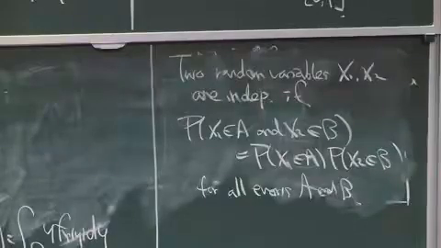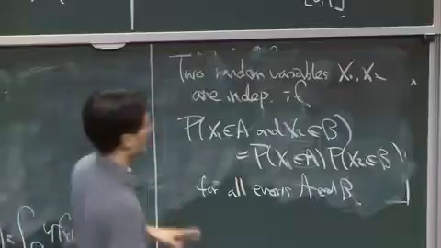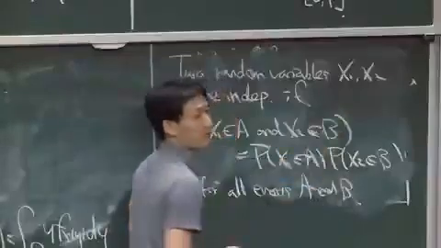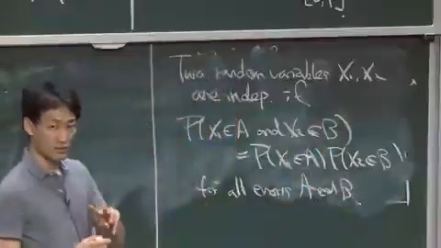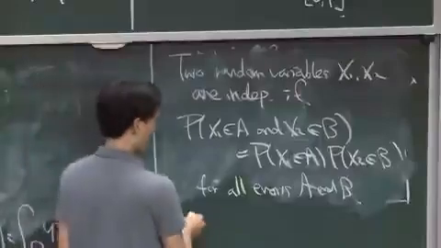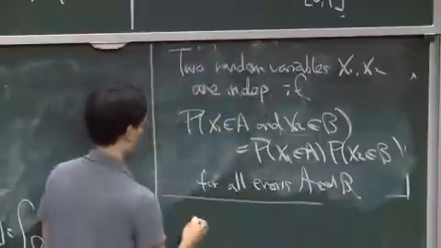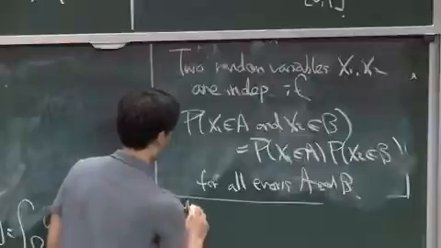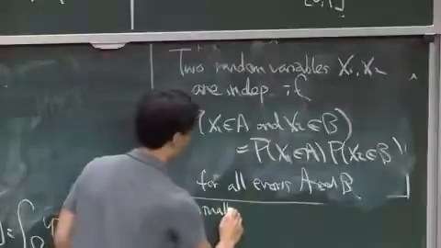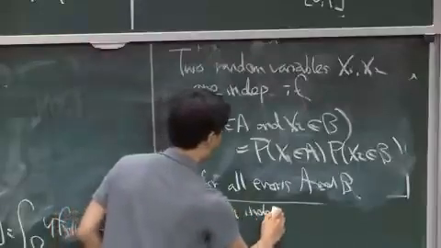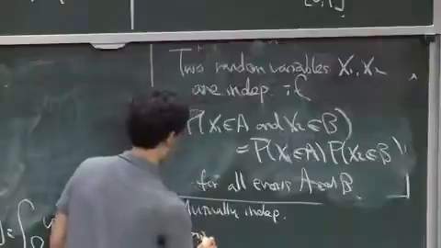All agreed? So for independence, I will talk about independence of several random variables as well. There are two concepts of independence, or not two, but several, but two most popular are mutually independent events and pairwise independent events.